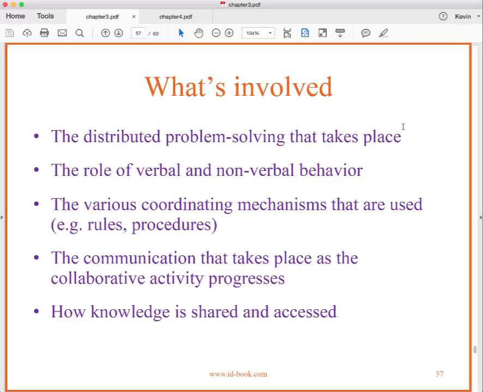The avionics systems for the planes are only going to accept certain inputs from the pilots. Certain other inputs are going to be ignored. The communication that takes place as the collaborative activity progresses, how knowledge is shared and accessed. So, it's a pretty complex view of the world for a very complex and important problem.